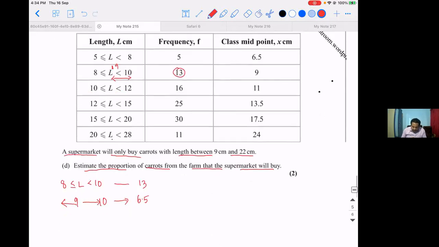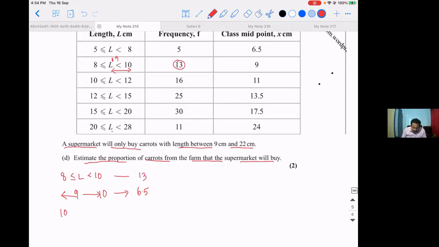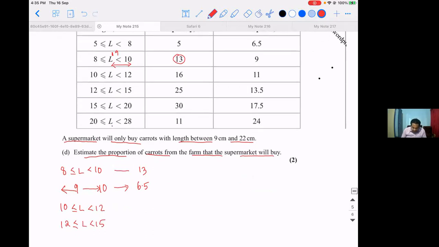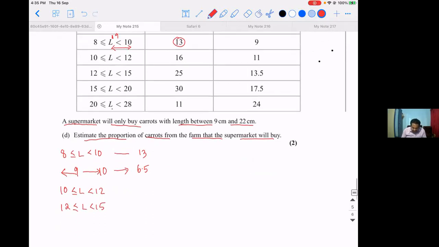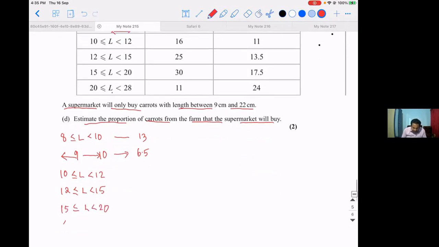6.5. Then we have to consider all values between 10 and 12, then all values between 12 and 15, then 15 to 20. And then, interestingly, we need only up to 22, correct?